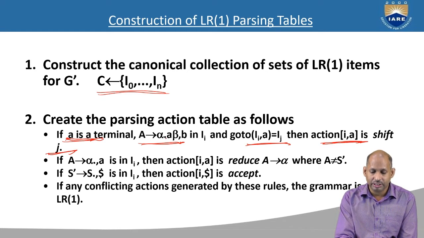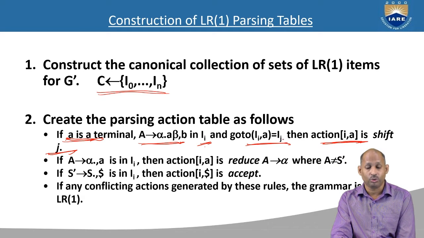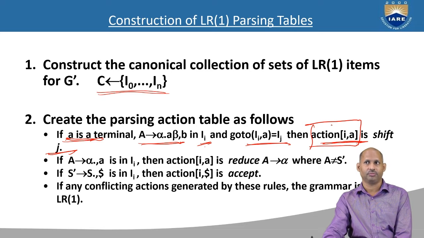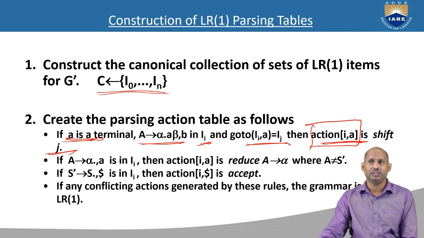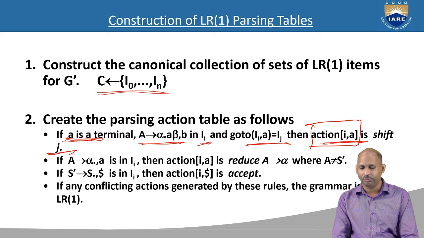Here this production is in I and goto(I, a) is Ij on the terminal symbol, so action[I, a] is shift j.